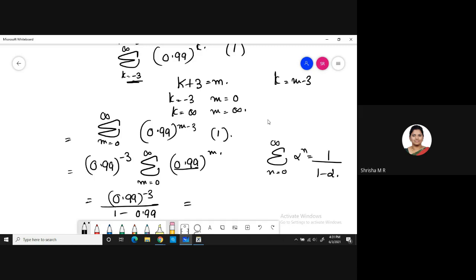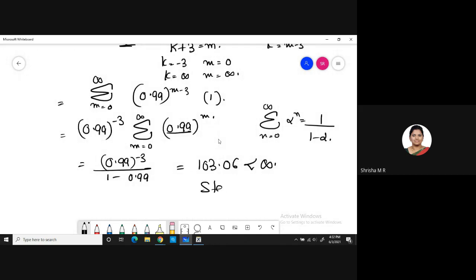What is the value of this? 103.061. That is a finite value. It's less than infinity. So you can say that the system is stable. Got it? Clear, everyone? Is it clear?